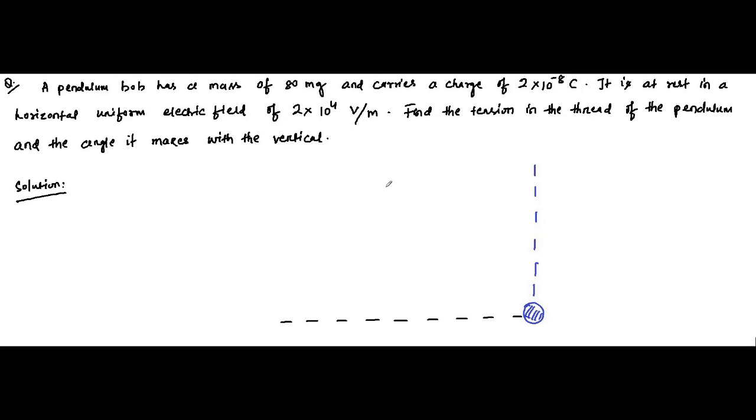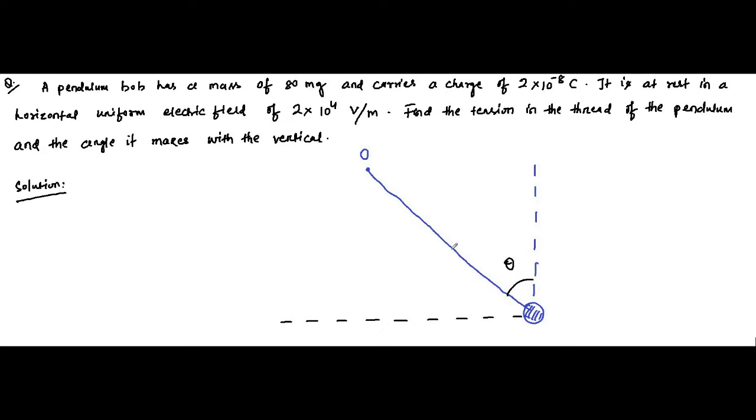So here the pendulum is suspended from this point. Let this point of suspension be called O. We have been asked what angle it makes with the vertical, so let us name this angle theta.